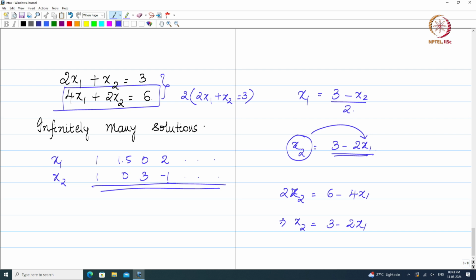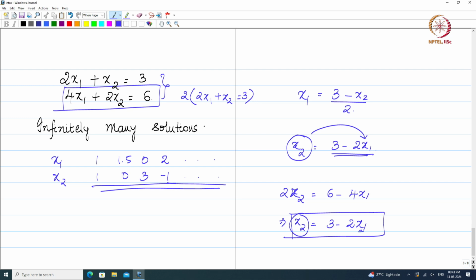Now what does that mean? That is interesting. That means whatever information x2 conveys is already captured by x1 itself.